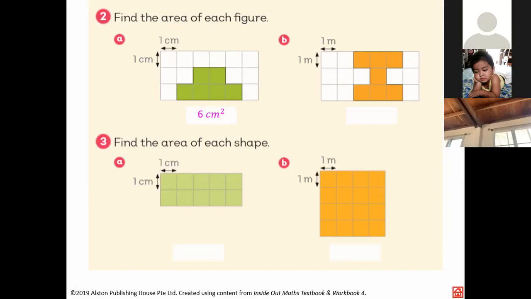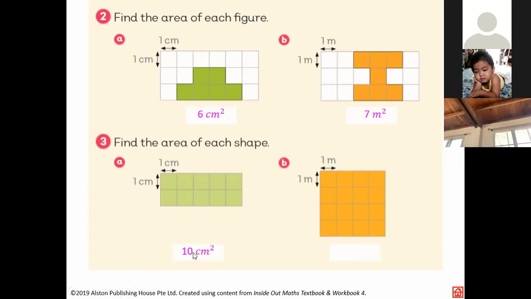Find the area of each figure, letter B. 7 meters squared. Very good. And number 3, find the area of each shape. Letter A, 10 centimeters squared.